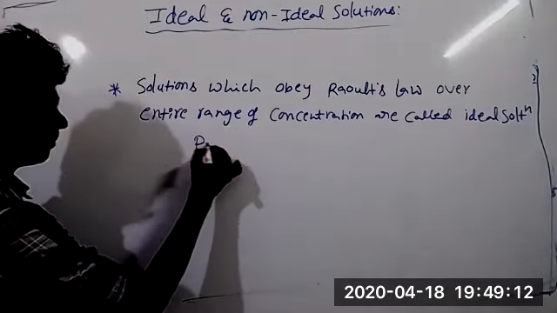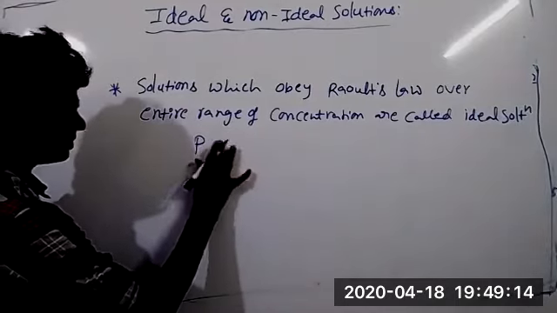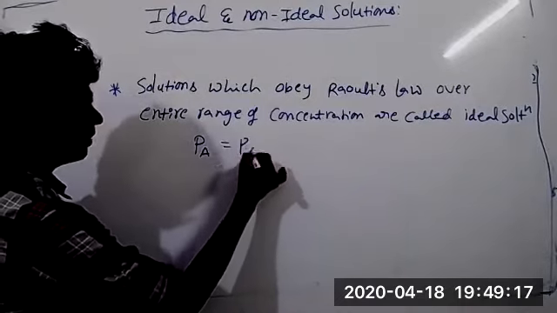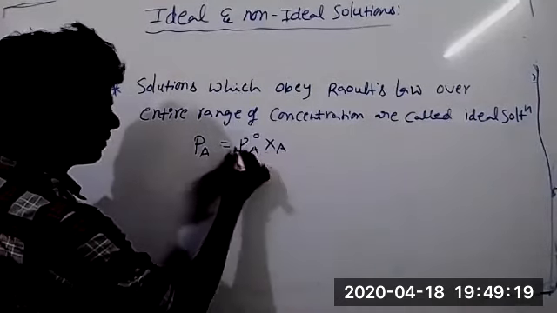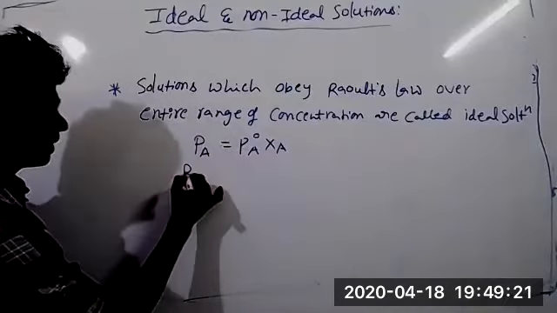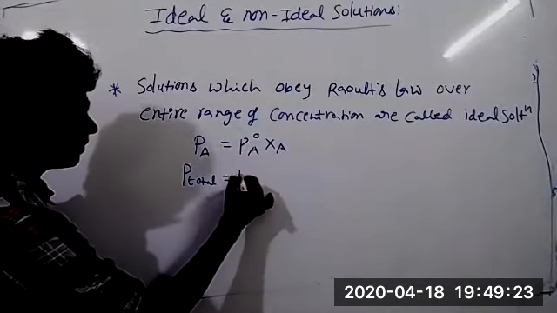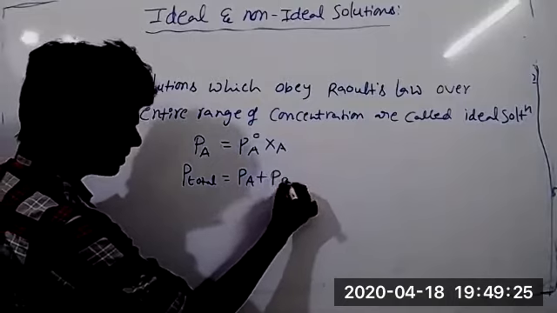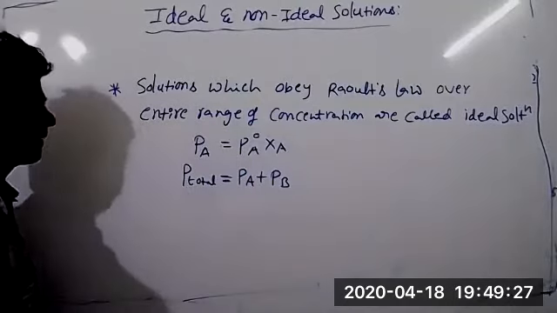You already know PA is equal to PA power 0 into XA for an ideal solution, and P total is equal to PA plus PB. This is accepted for an ideal solution.